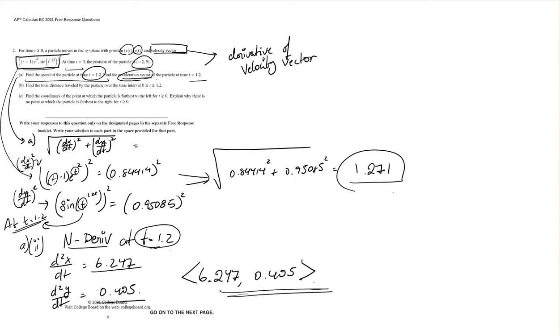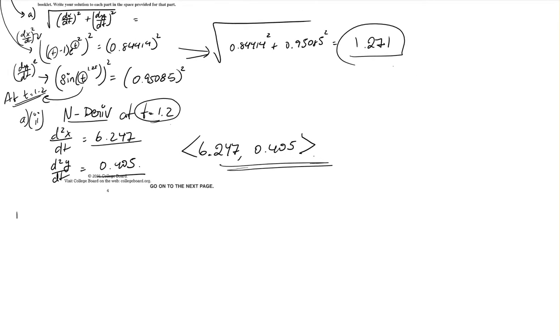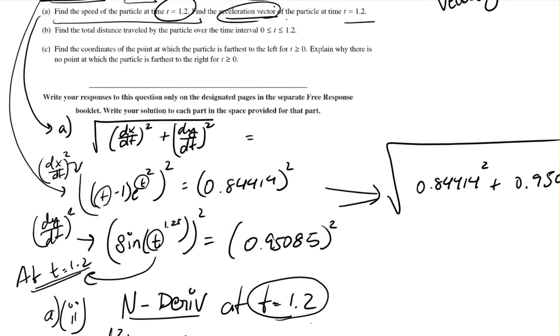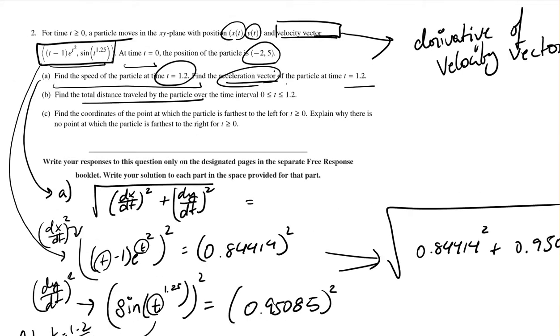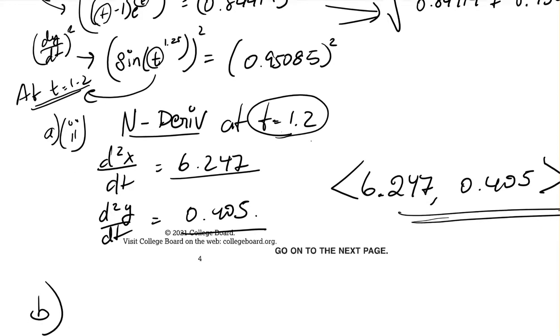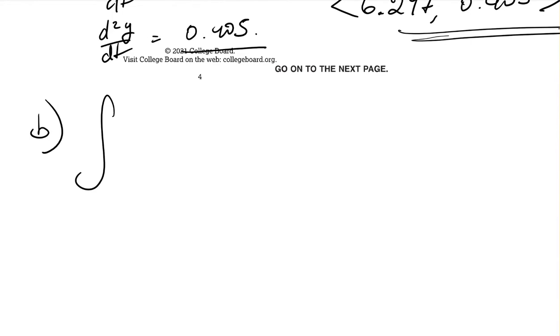The next question is B. Find the total distance traveled by the particle over the time interval 0 to 1.2. To find total distance, we're given the velocity vector, so we can take the integral of the speed from time 0 to 1.2, and we'll find the total distance. So now we're working backwards.